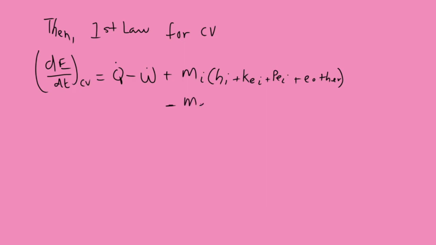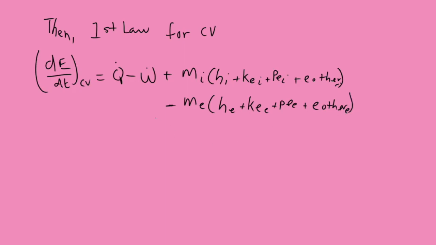So it's basically m dot e, and then we just say the exiting subscripts for everything. Oh, I forgot to put the i subscript for E other incoming, and this is E other exiting.